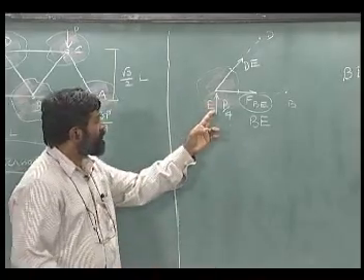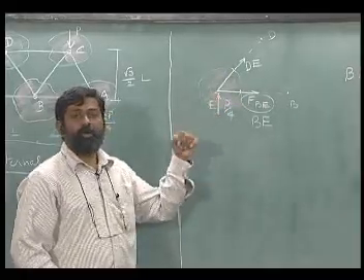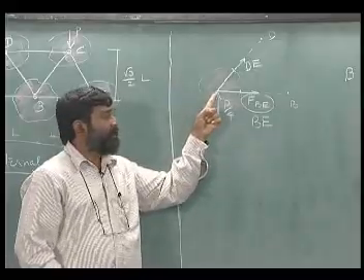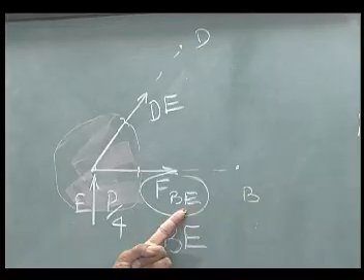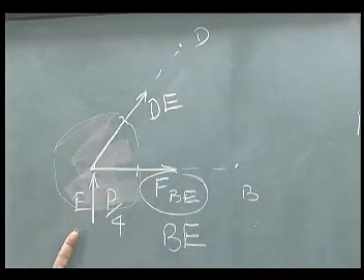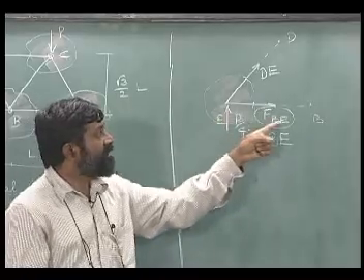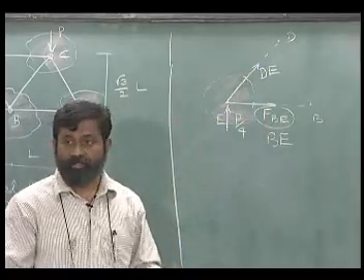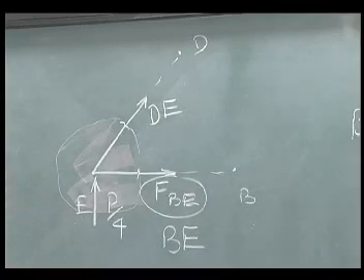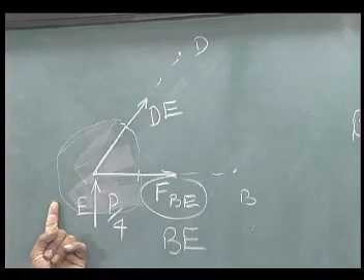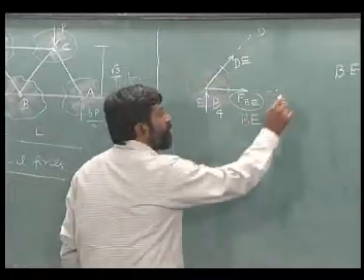Well, these three forces are coincident at E. From E, BE is emanating, DE is emanating, the force P by 4 is merging, which means these three forces are coincident forces, and therefore I cannot write any moment equation separately. I will only have two equations for vertical and horizontal equilibrium.